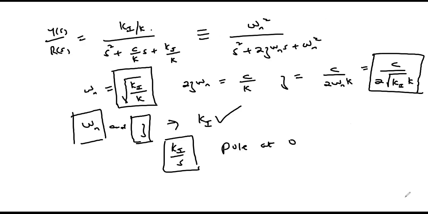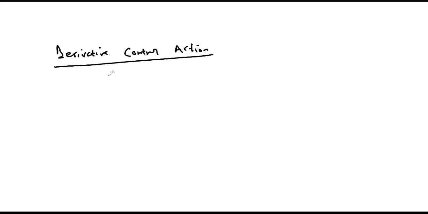Lastly, I look at the derivative control action. The control signal is defined as a derivative of the error signal: u of t is equal to kd d/dt of e of t.